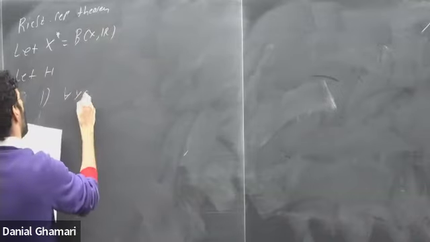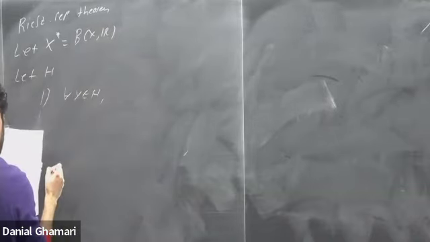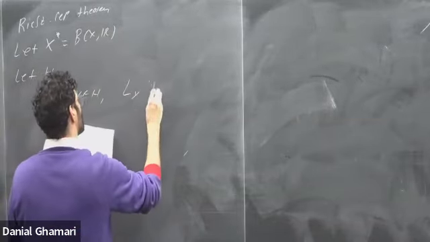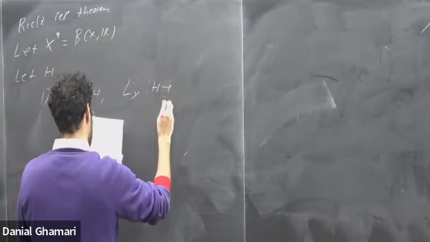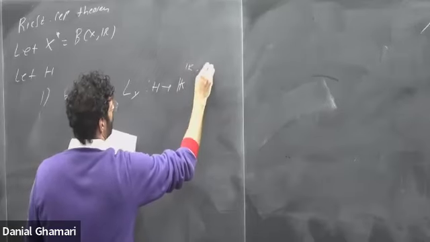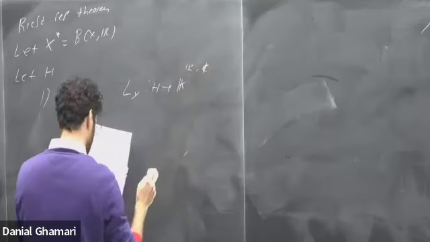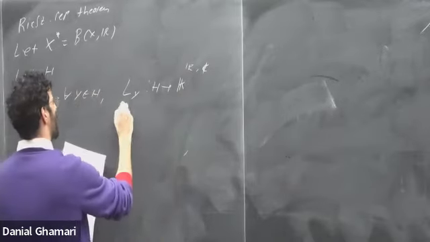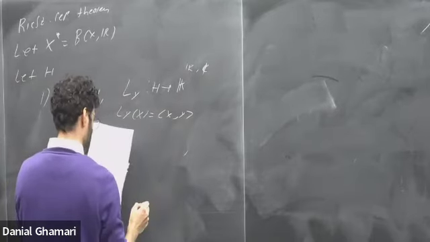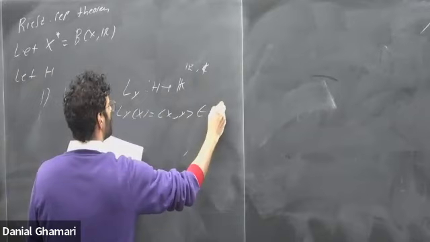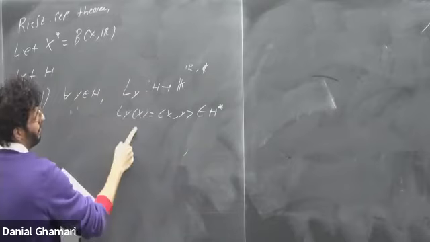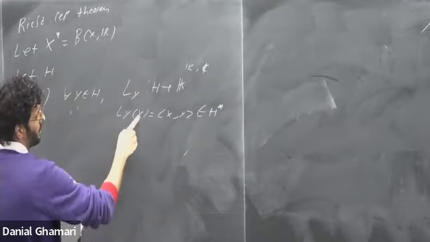For all y elements of H, we can define this linear operator L_y, which goes from H to K, which will be either the real numbers or complex numbers, but I'll just use K to be a bit more general. You can define L_y of x to equal the inner product of x and y. And then this is an element of the dual space. So for any element y in H, you can always map it to something in the dual space.